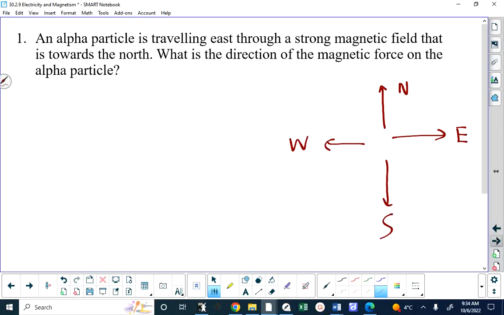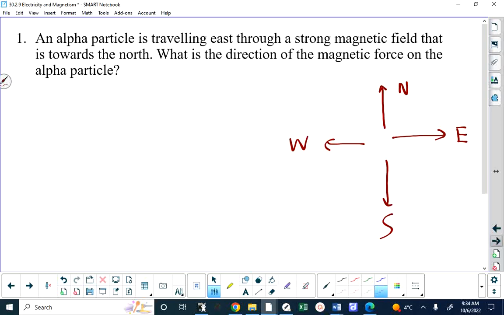You're taking this whole screen off the wall and putting it down on your desk so it's horizontal as a sheet of paper. So an alpha particle is traveling east, that's this way, through a magnetic field that is north, that's this way. The palm of my hand is facing out away from the surface of the map, which means the magnetic force is away from the surface of the Earth.